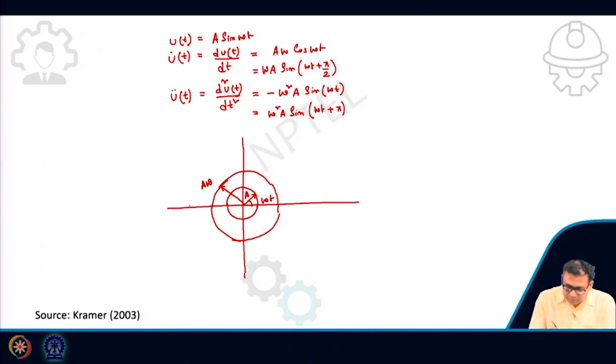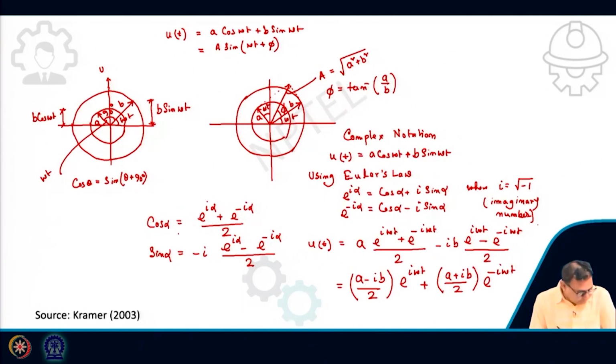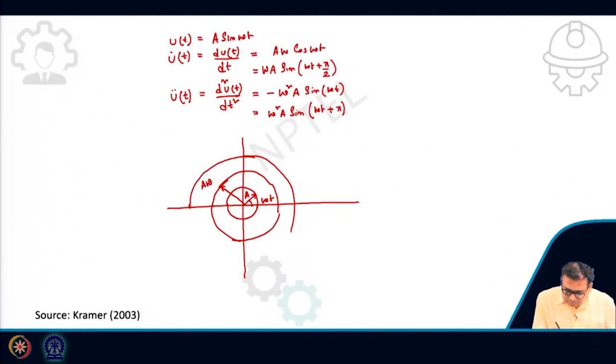And the third one, if I draw the acceleration, then this will be at omega t plus pi. So, this will be a straight line, and this value will be omega square A, and this is moving with an angular velocity of omega.